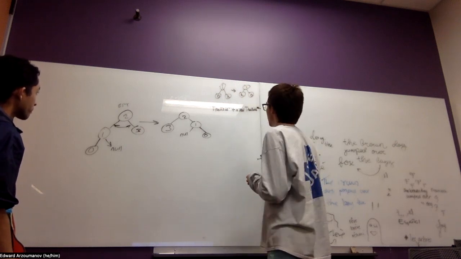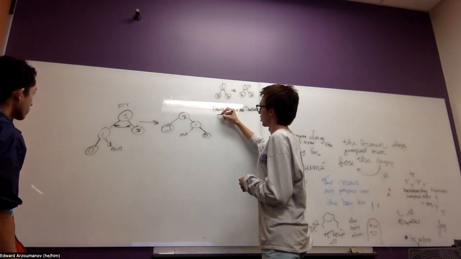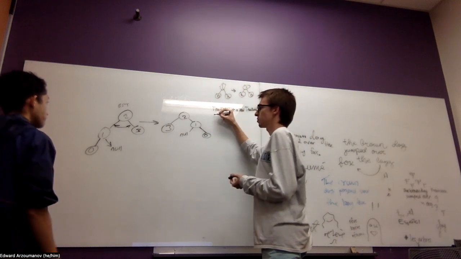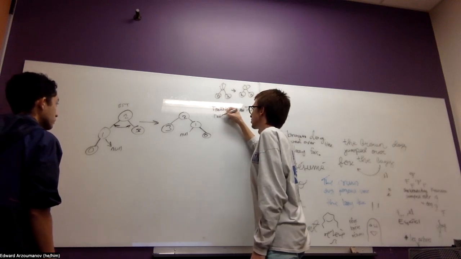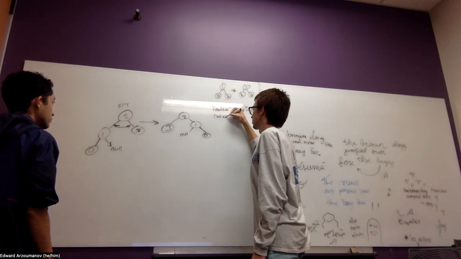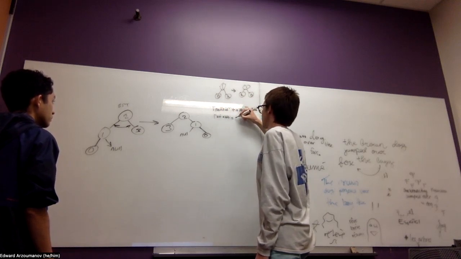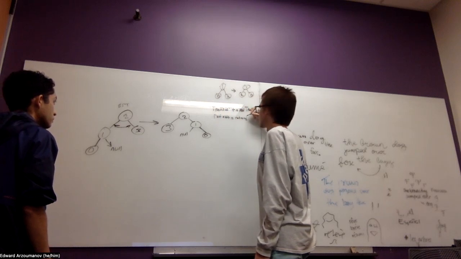We want to make something like this. The original is, what should we call it, root. Root left is equal to root right, and then root right is equal to root left.